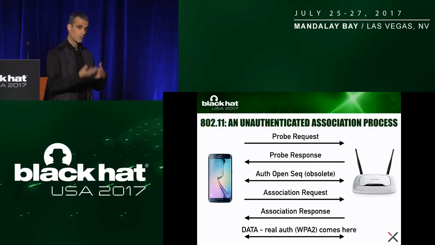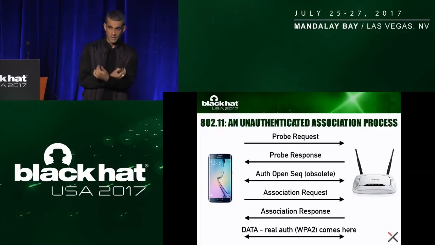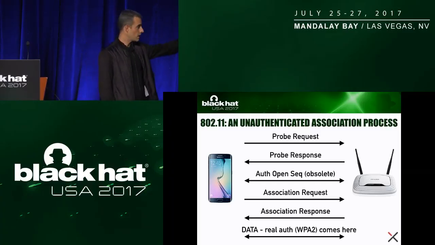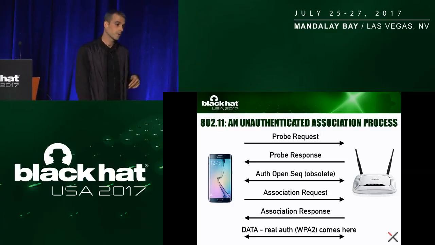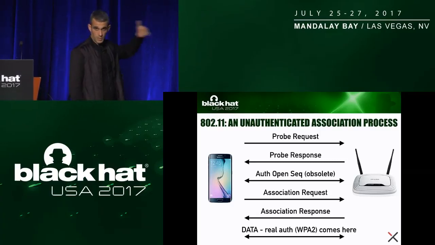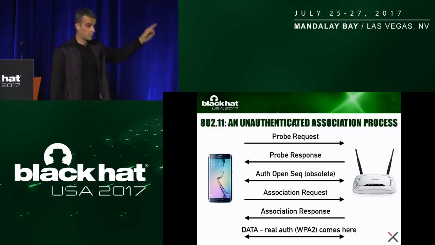Then the access point, if it wants to let the client connect, issues a response, and then they start to exchange data. Now, the authentication process is only inside this last phase, within data. WPA2 is implemented on top of this association process. It's not a part of it, which means that there is no authentication in all of these phases that we've described.